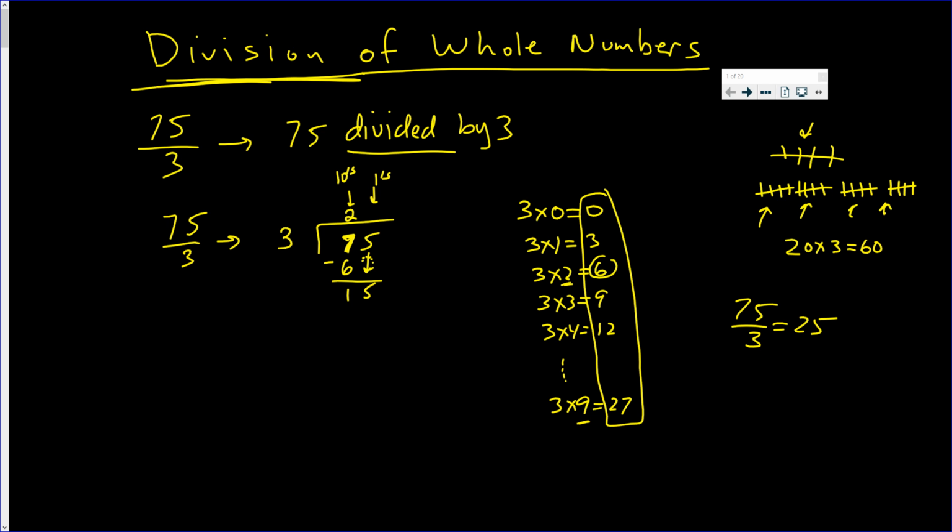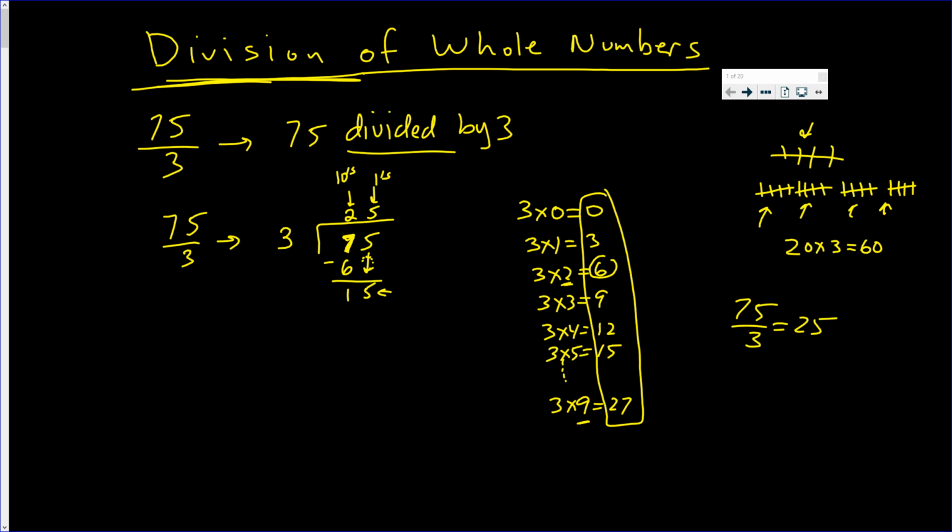Now, if I went one more, you would have seen that 3 5's are 15. Now, this 15 is 15. It's not 150, it's not 1500, it's 15. And 3 5's are 15. Notice that 5 is not in the tens position.